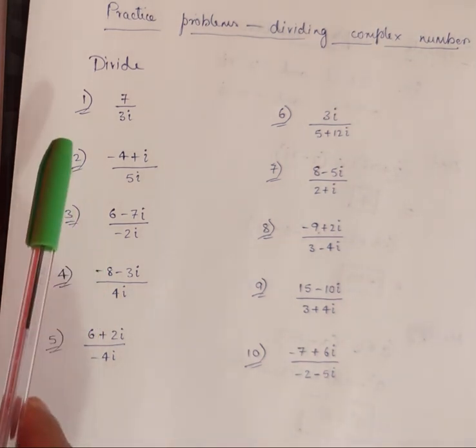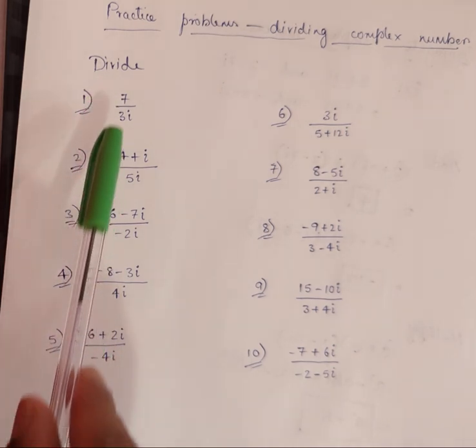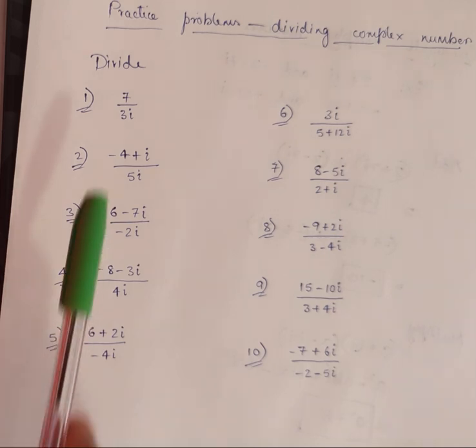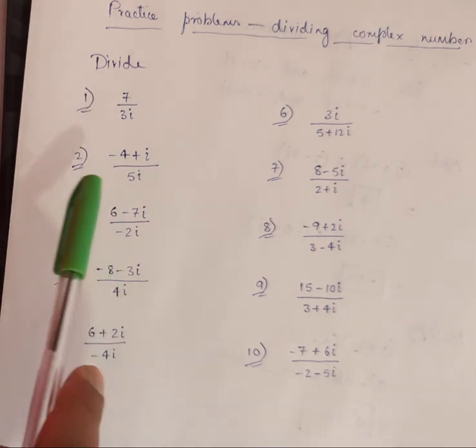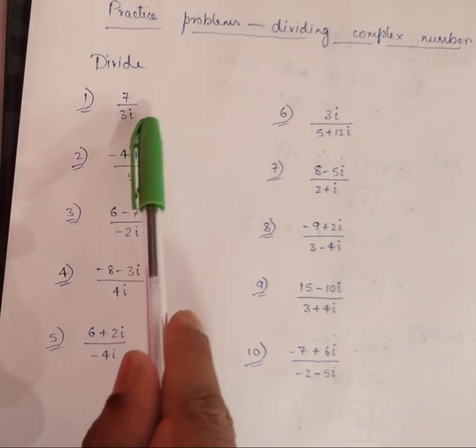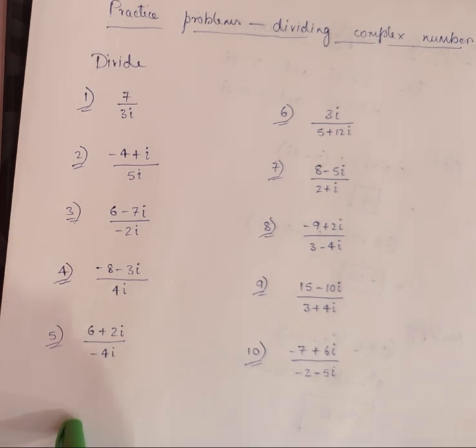So there are 10 problems. The first 5, I have just a monomial in the denominator. The numerator is either a monomial or a binomial, but that does not matter. So you just multiply by i over i here.